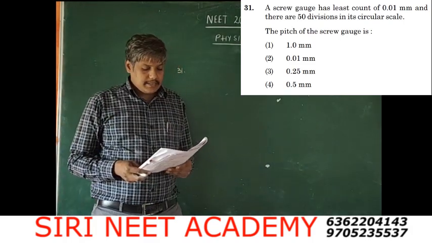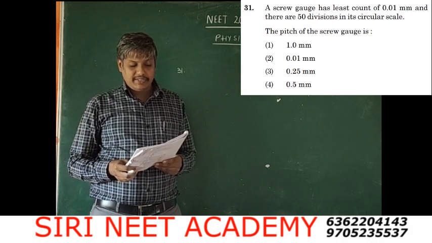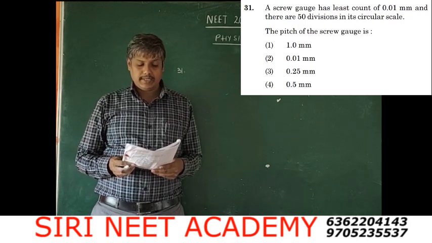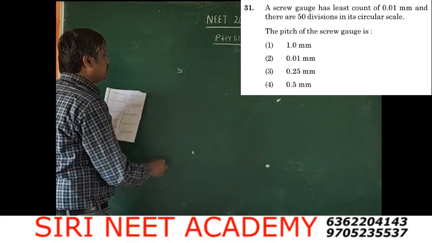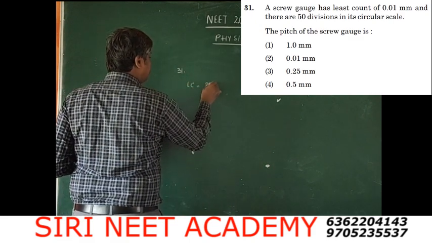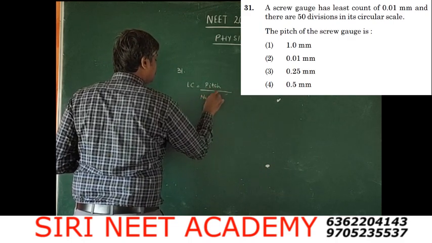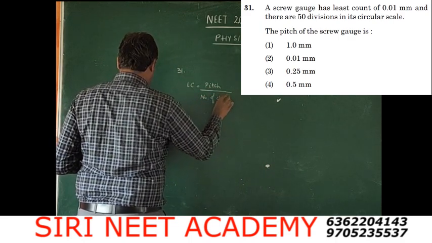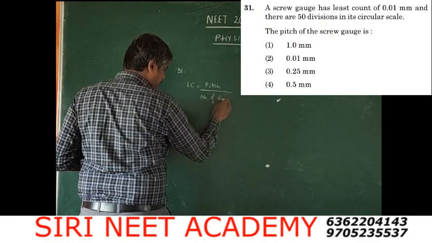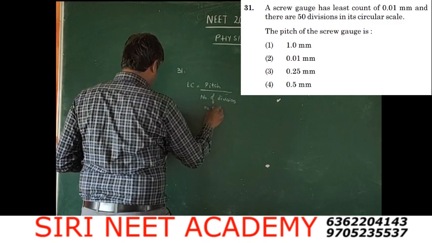A screw gauge has least count of 0.01 mm and there are 50 divisions in its circular scale. The pitch of the screw gauge is. We know that least count is equal to pitch by number of divisions on the circular scale.